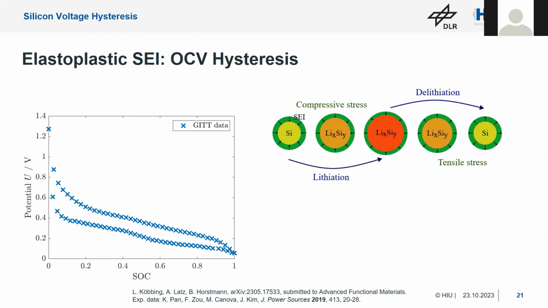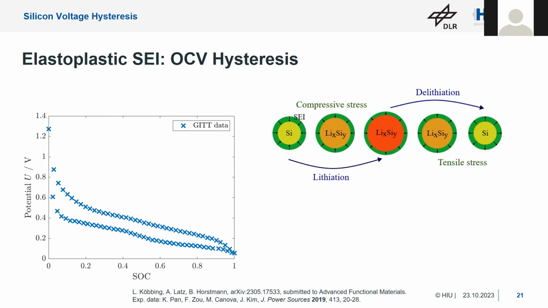And this hysteresis is a problem because all the energy here in this area between the charge and discharge voltage is lost into heat. And so just recently we came up with an explanation of how we can understand this, and that's shown in this image.